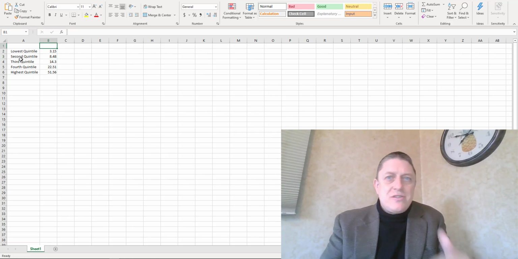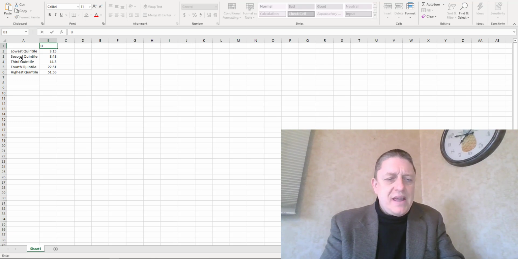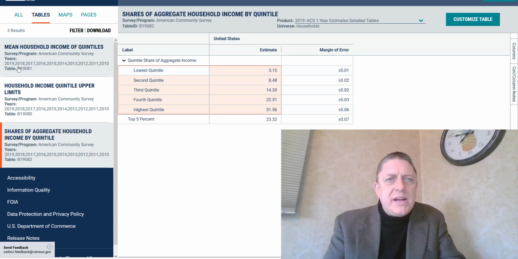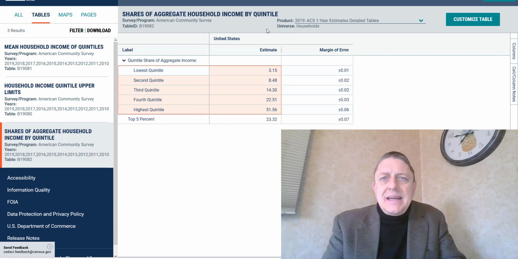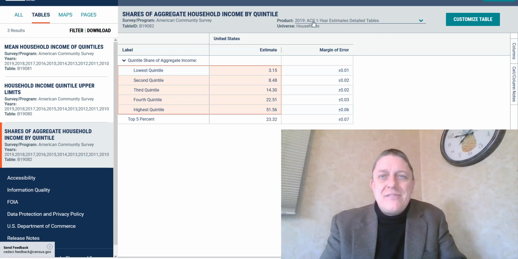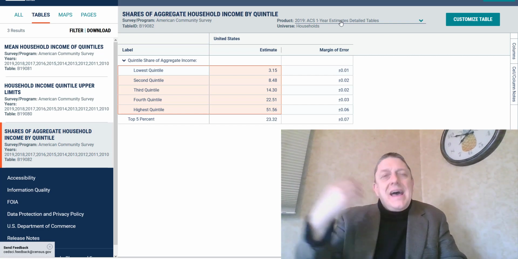Now, I've just inserted a row above that because I want to indicate that this is for the USA in 2019. Okay, how do I know it's from 2019? Because if I look up here in the header, I see that it's under product, listed 2019 ACS, American Community Survey, 1-year estimates.